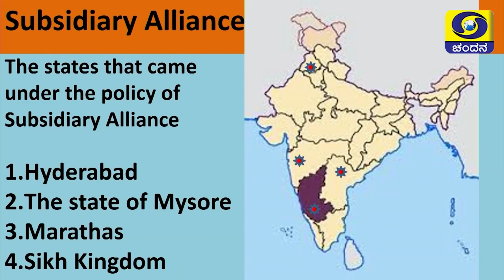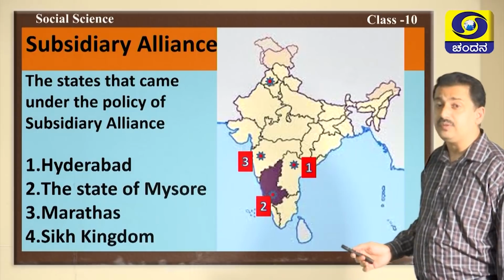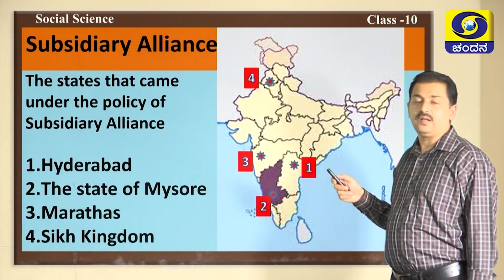So on this map you can see first Hyderabad, secondly the state of Mysore, the third one the Peshwas of the Maratha kingdom, and in addition the Sikh kingdom, right.